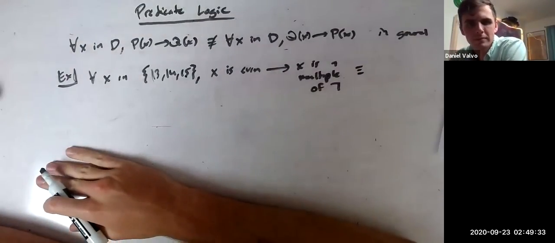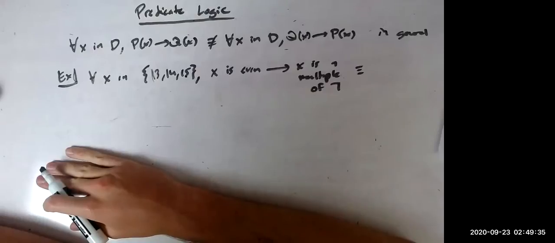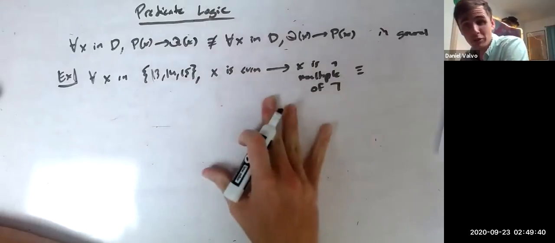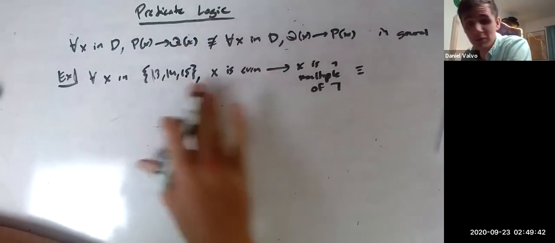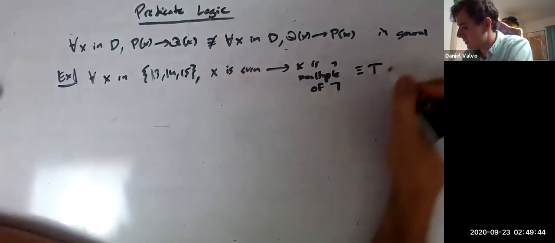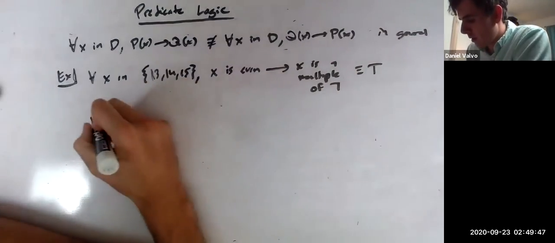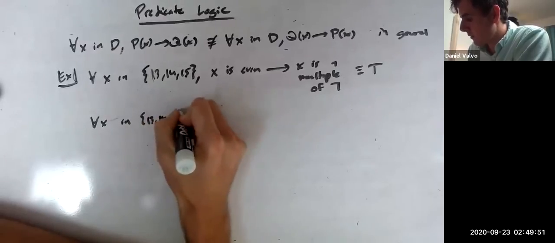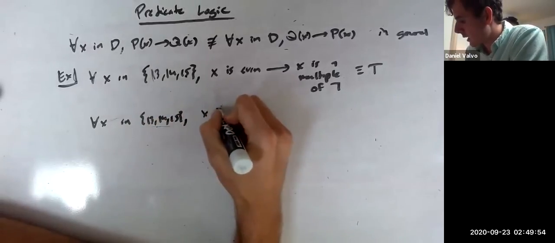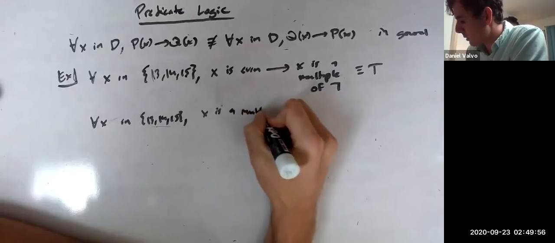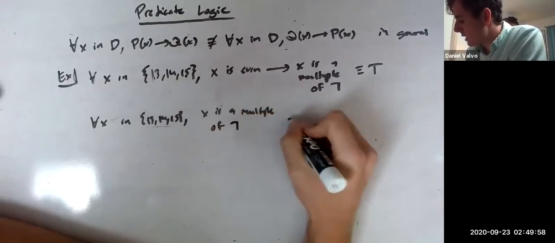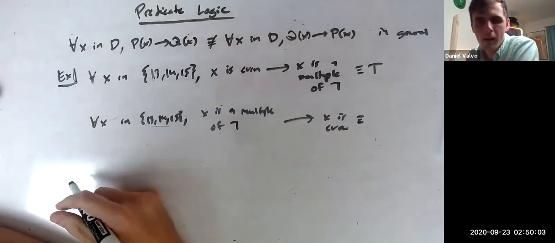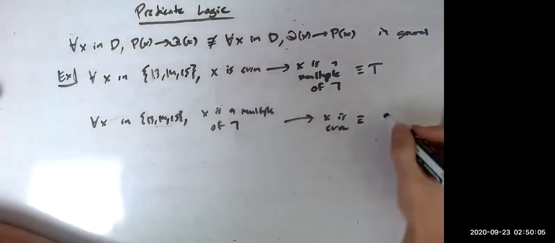Is this true? Yes. Looking at this particular domain, this is a true statement. Whenever x is even, it's got to be 14, so it's got to be a multiple of 7. This is true. How about for all x in 13, 14, 15, x is a multiple of 7 implies x is even? Also true.